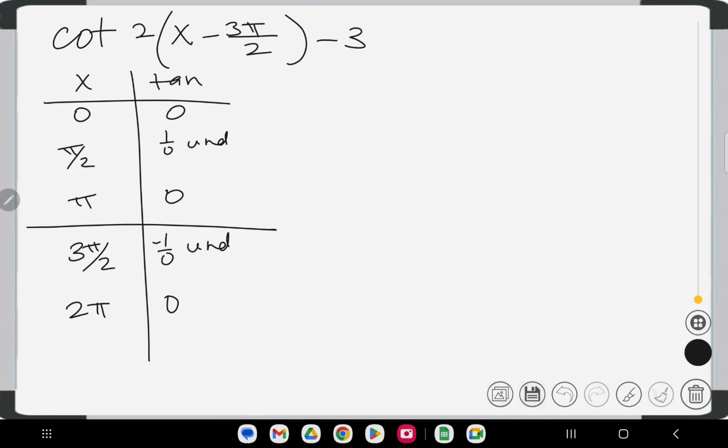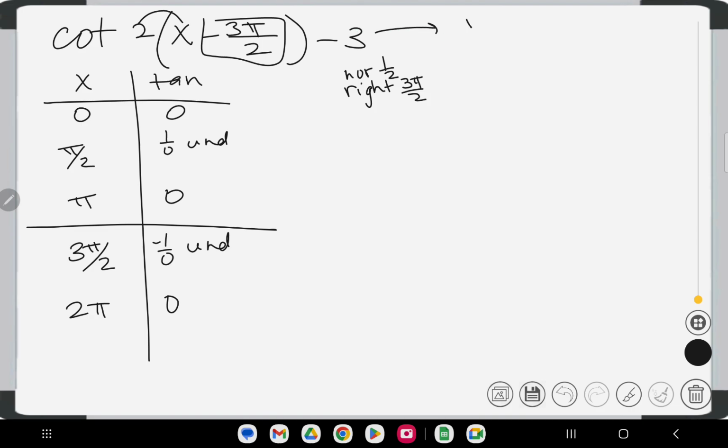All right, so let's figure out what transformations we have. So I have a 2 with the x. So the 2 with the x tells us there's a horizontal compression by 1/2. This negative 3 pi over 2 tells me we went right 3 pi over 2.